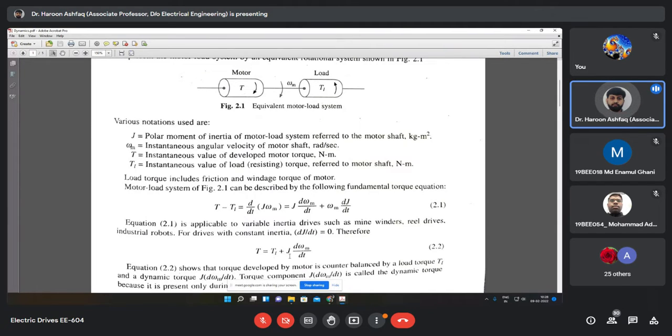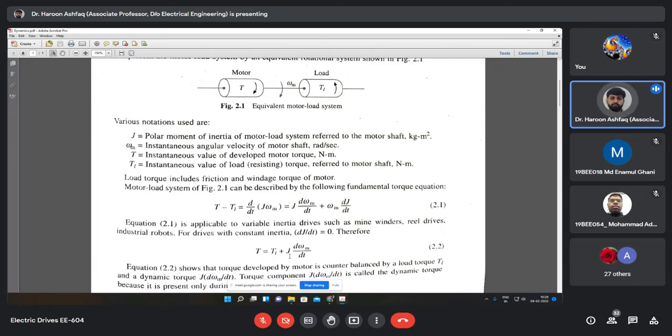For normal cases, when the system is at rest, you apply a T, that is the motor torque, in direction opposite to the load torque TL, and then the motor load system picks up speed depending upon the value of J and also the acceleration, that is the rate of change of angular speed dωm/dt.